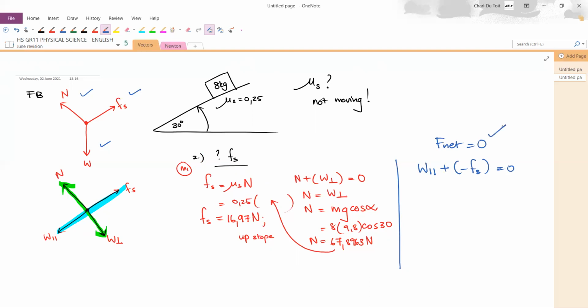So you have to write F net is 0, and then you can say that the parallel force is equal to the static friction. Okay. So the static friction is the parallel, which is mg sin alpha. And that's mass times 9.8 times sin 30.